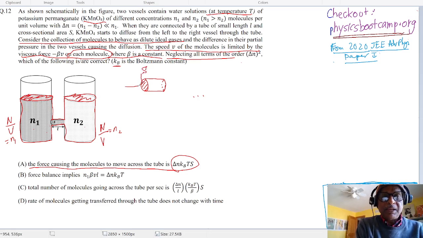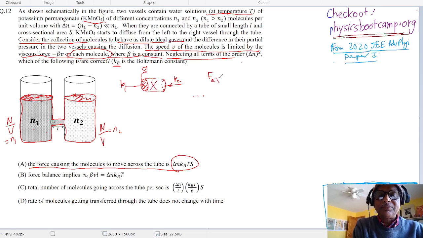So on this side the pressure is P1, on this side the pressure is P2. P1 is greater than P2 because density is more. So the force on things inside X is going to be P1 times the surface area, that's the force on that side, minus P2 times surface area.